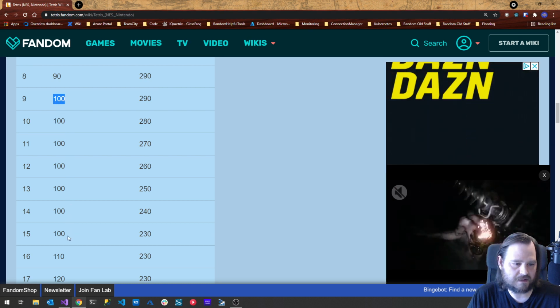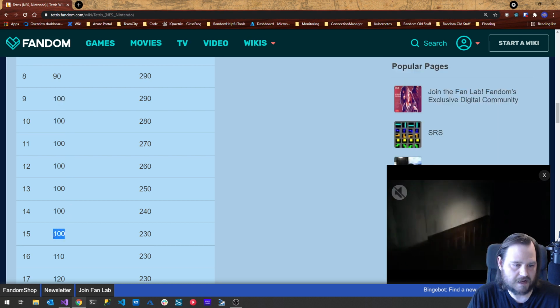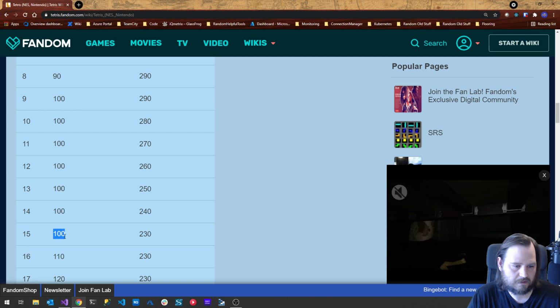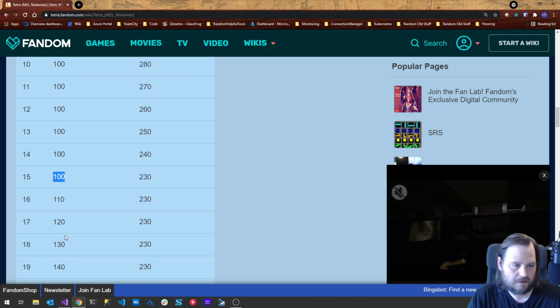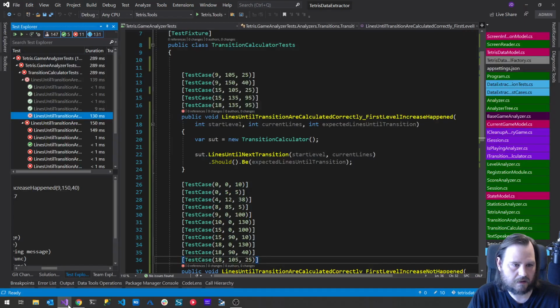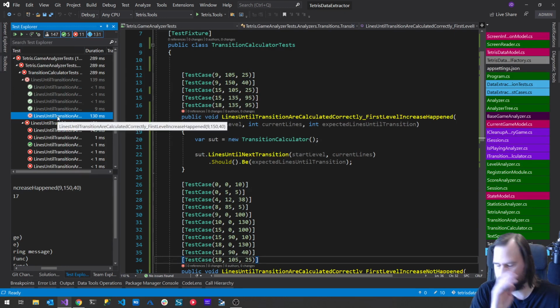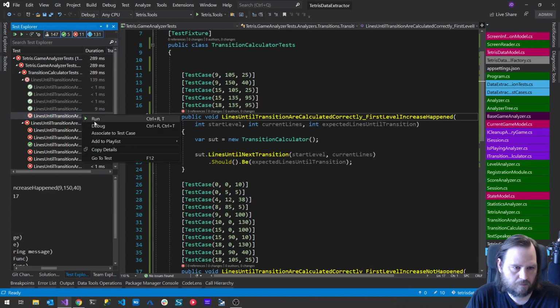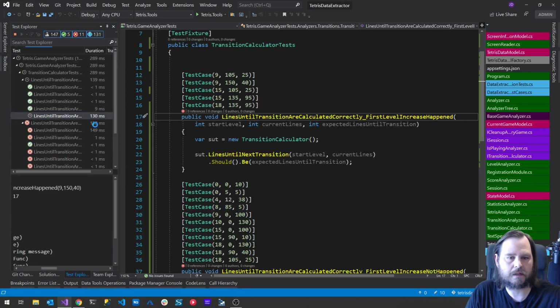So this means you've just transitioned to 15. So you should be 30 lines away. That's an interesting one. I think we might need to debug this a little bit.